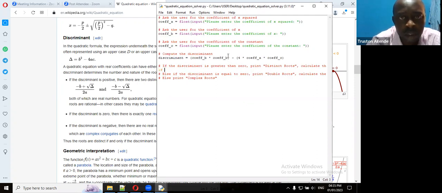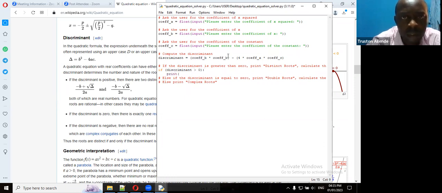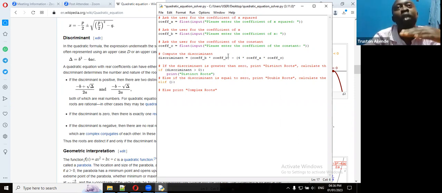So if discriminant is greater than 0, print distinct roots. Elif, we don't want to use like else if.